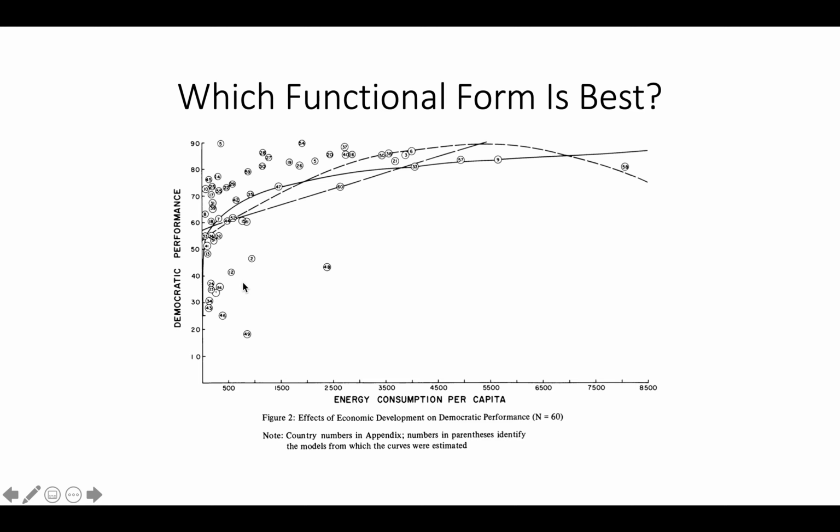And it turns out that for Professor Jackman, because the logarithmic transformation takes into account these lesser democratic performing data points and is not as influenced by the outlier of the United States, the logarithmic transformation is in fact the preferred functional form. That's the one that is best for him.